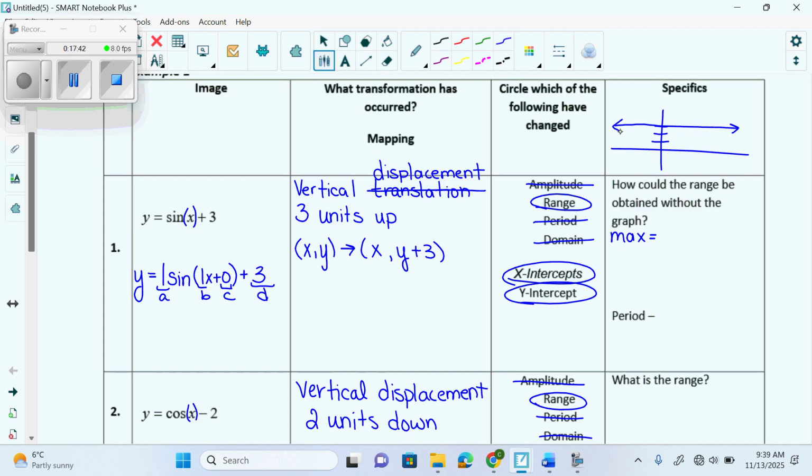The middle of this graph is at y equals 3, so let's envision it. Okay, guys. I want you to understand, not memorize, right? You can write it down if you want to, but we're going to know why. So y equals 3 is my midline, correct? Because d is 3. What's my amplitude? My amplitude is 1. So if I add 1 to that, what's it maxing out at?